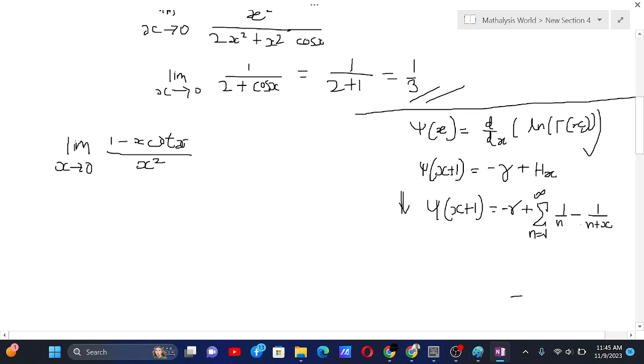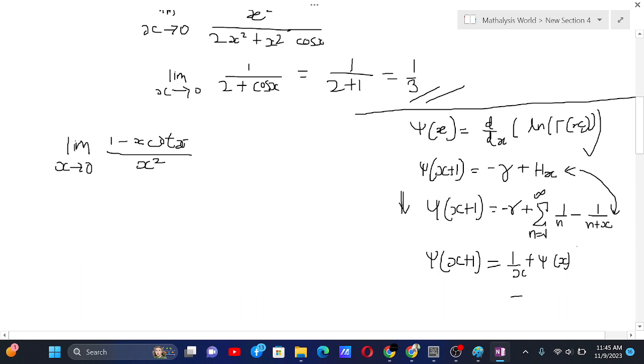This thing over here is actually H sub x, so we have replaced it by that. The next property is digamma of x plus 1 is equal to 1 by x plus digamma of x, which is evident from this formula itself. So this formula gives us this one as well as the other one.